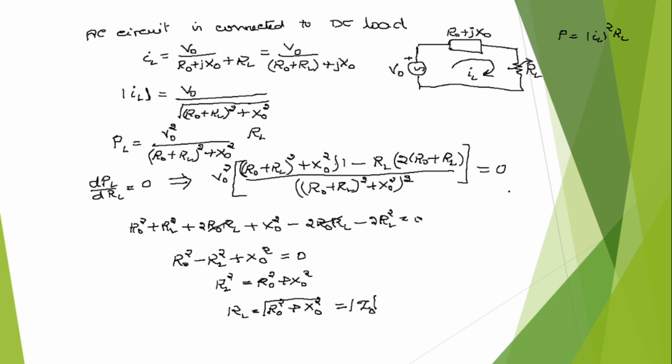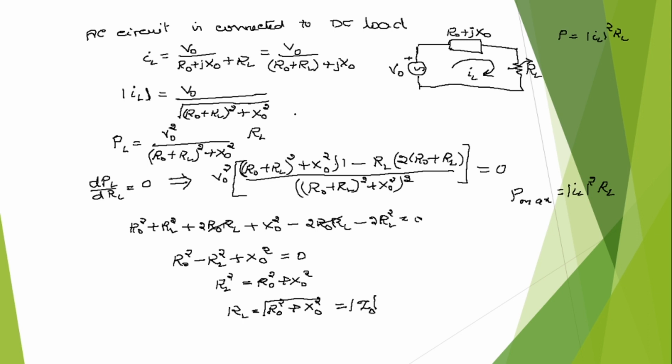So in the similar fashion you can find out P max. Okay, P max is equal to magnitude of IL square RL. Okay, RL is magnitude of Z naught. Here I can't directly cancel each other because RL is magnitude and IL is also complex, we need to find the magnitude.